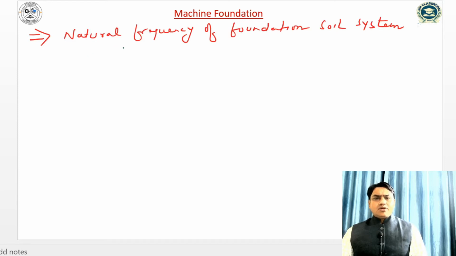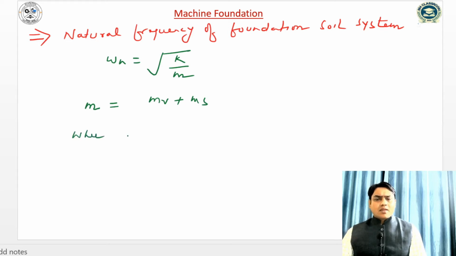Now I am going to derive the natural frequency of the foundation soil system. We know that omega n is equal to square root of K by M. For the foundation soil system, this mass can be written as mv plus ms, where mv is the mass of the vibrator and ms is the mass of soil.